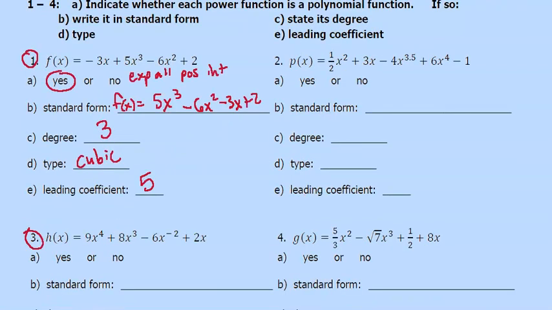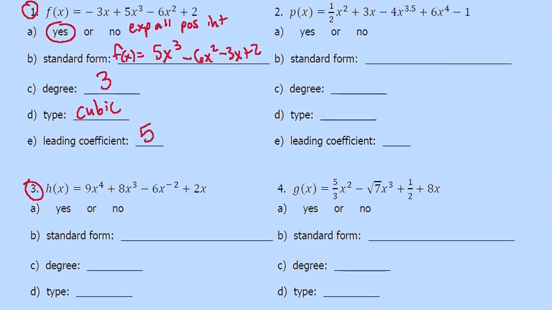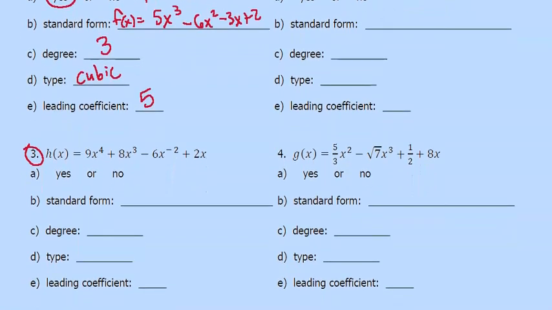Now let's look at number 3. h of x equals 9x to the fourth power plus 8x cubed minus 6x to the negative 2 power plus 2x.